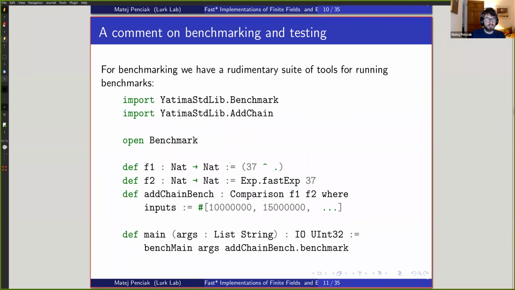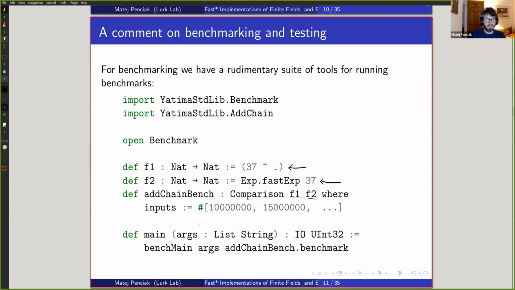On benchmarking, similarly, we have a very simple benchmarking framework. Here is an example of using this framework to compare a native natural number exponentiation with a fast exponentiation that's defined in a different library. You just define a benchmark, which compares the two functions f1 and f2, give it the set of inputs, define the main function, and compile it.